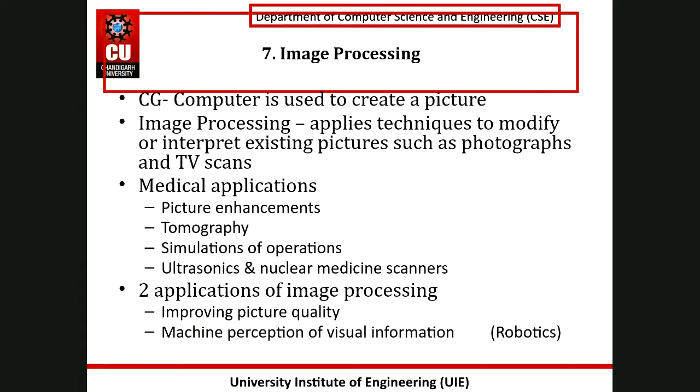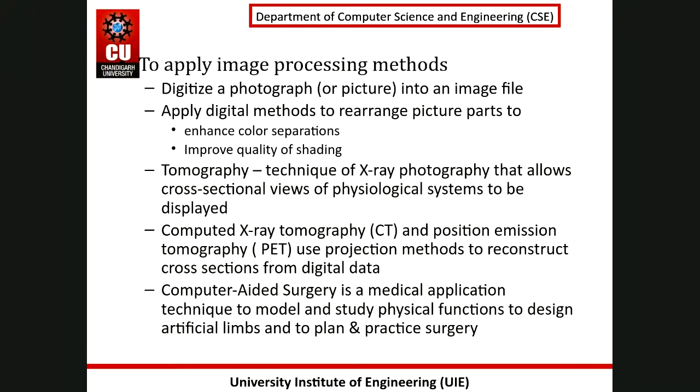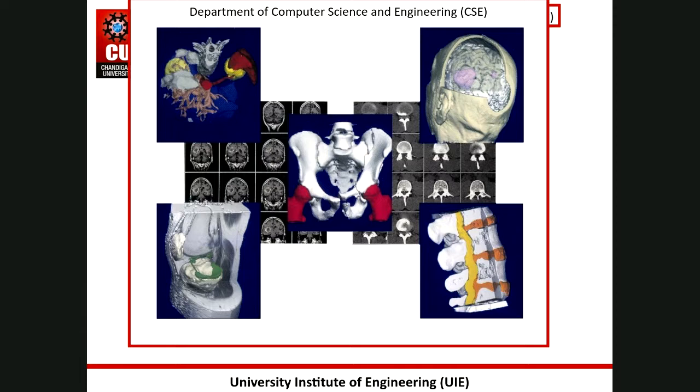Like I'm showing you the pictures that are used in medical science, and these images are useful for studying the internal parts of the body. They are helpful in medical science, like tomography or in CT scan. CT scan is also based on computer graphics.